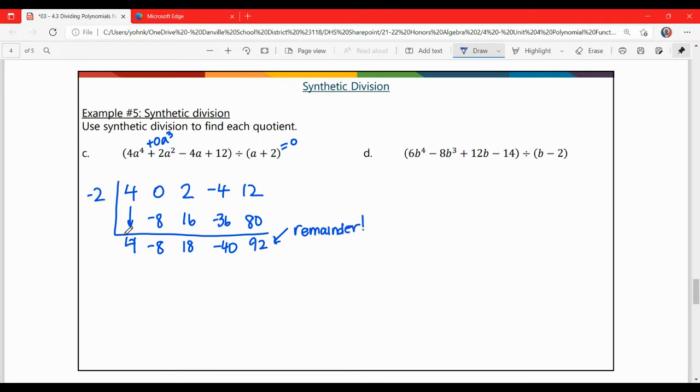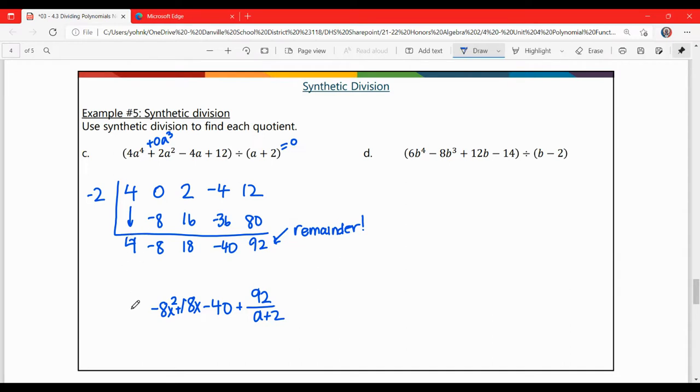So we're going to backtrack. The 92 is going to be put over what we divided by, but keep in mind it wasn't -2, it was a plus 2. And put a plus in front. My constant is -40. My linear term is 18x. My quadratic term is -8x squared.